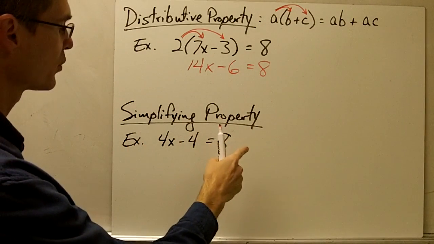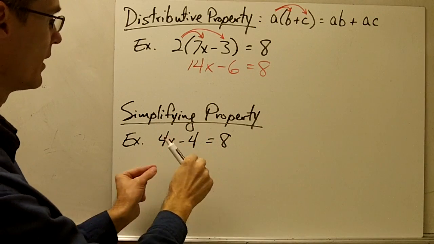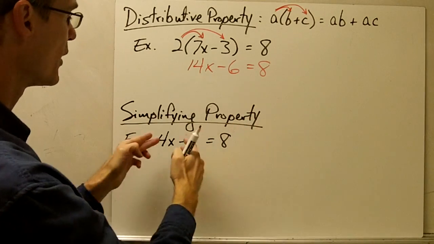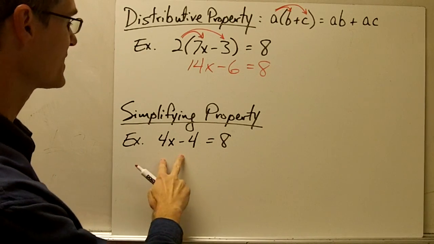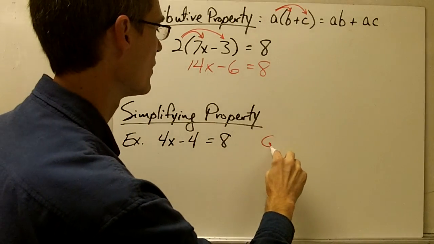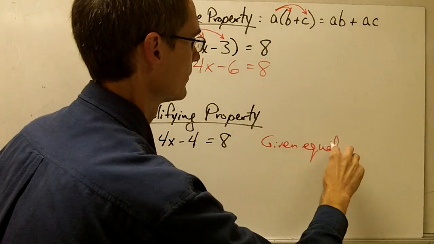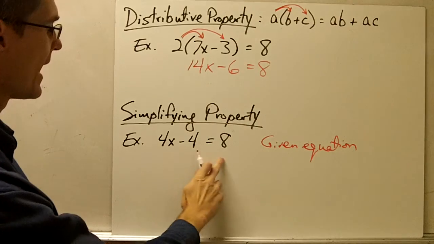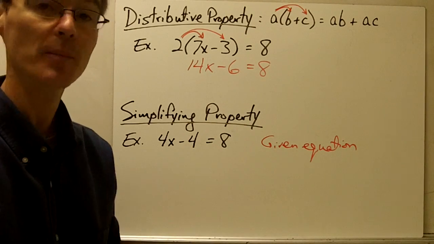The simplifying property, this is just a way of saying what you are doing anytime you are simplifying an expression. So for example, let's say this is your given equation. And the first thing you would want to do in this case is use the addition property of equality.